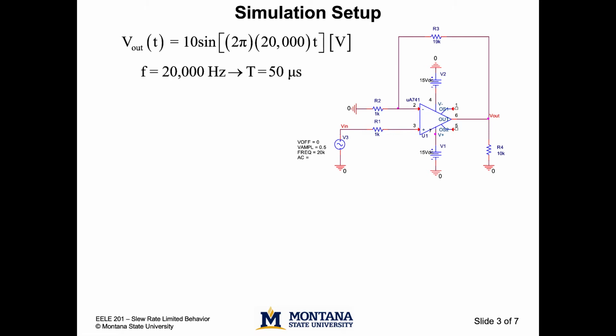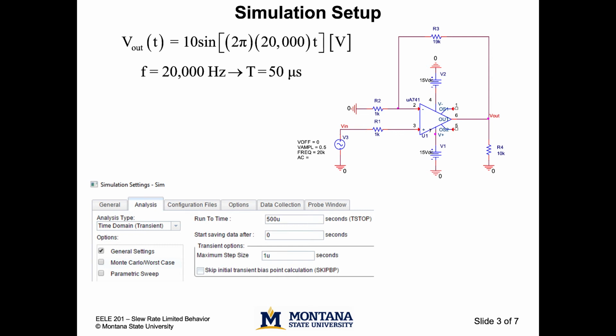So with a frequency of 20 kilohertz, that translates into a period of 50 microseconds. And it's good to calculate the period because that's going to give us an indication of how long, over what time period, we need to simulate the sine wave. So here is the simulation setup. This is a simple time domain simulation. The run-to time is 500 microseconds.